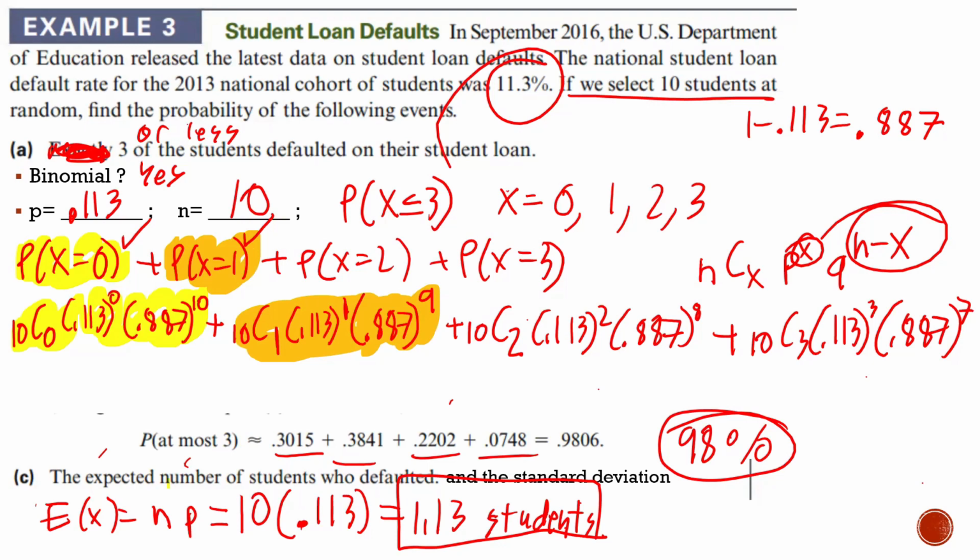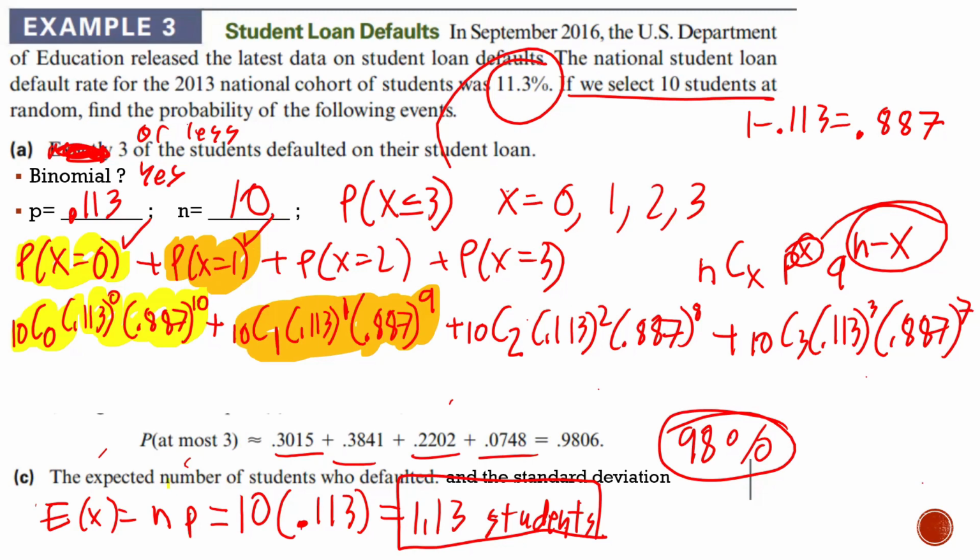I'm just making it up. How many out of 100 would you expect to drive a stick shift? 37. That's because 0.37 times 100 is 37. If I said 80, you would multiply 0.37 times 80. Same thing here. Number times probability gets you your expected number.